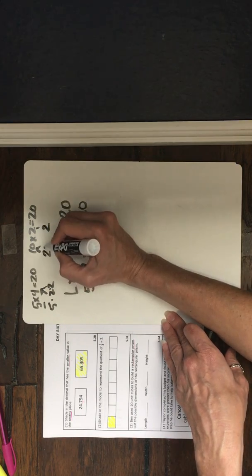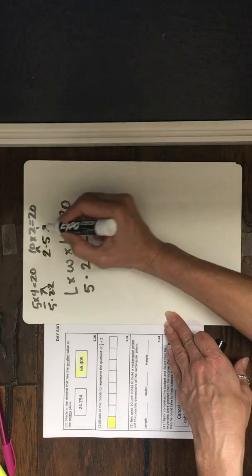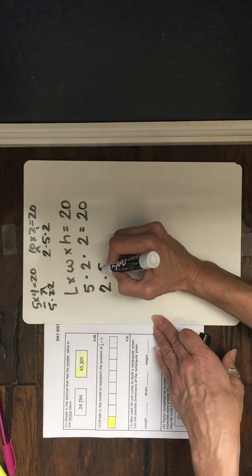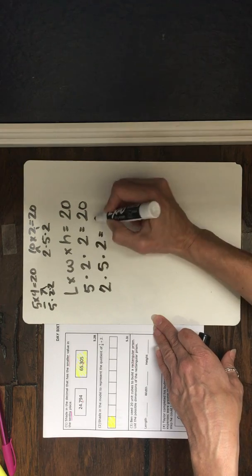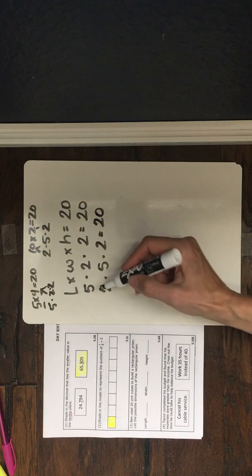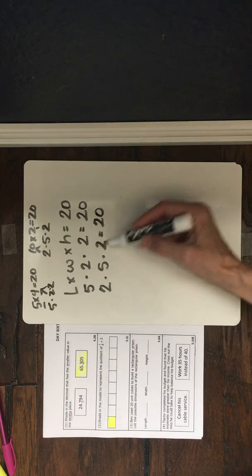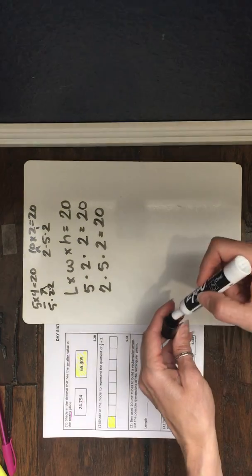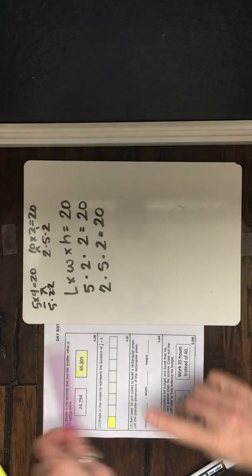It breaks apart into 2 times 5. So we have another answer, which is 2 times 5 times 2. But did that really change anything? Right? We have 2 2s and a 5, and here we have 2 2s and a 5. So really the only thing that did was change the order, but that still gives us an answer.